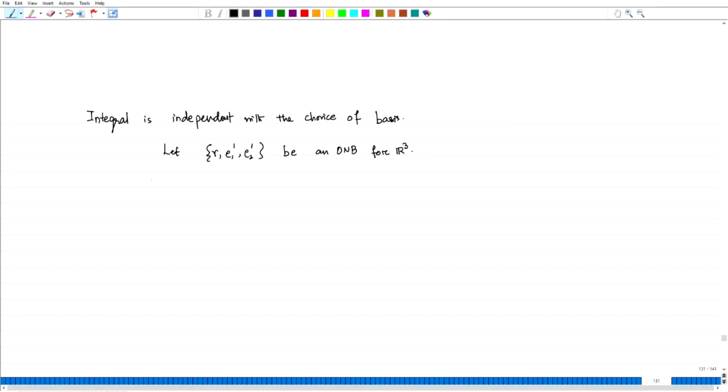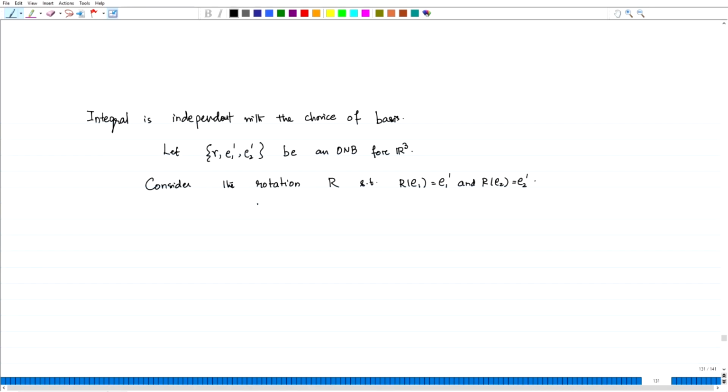So consider a rotation R such that R(e1) equals e1 prime and R(e2) equals e2 prime.